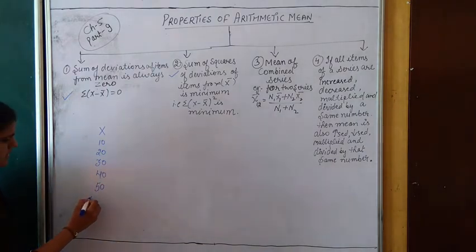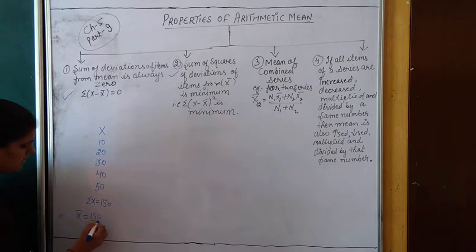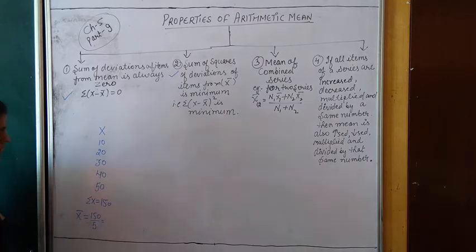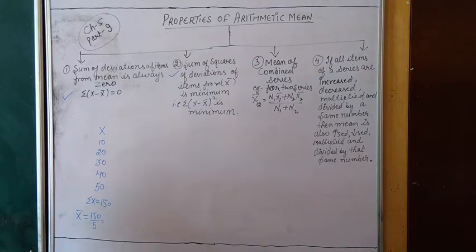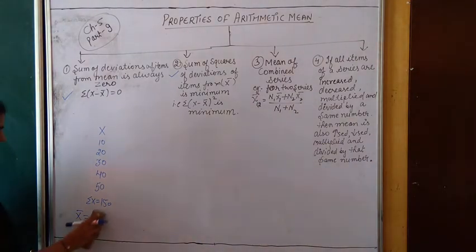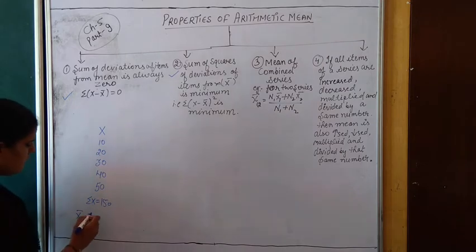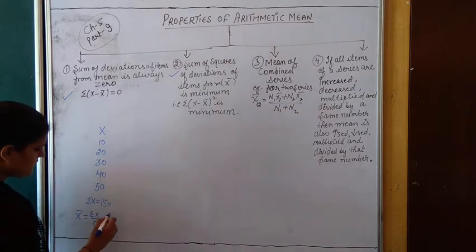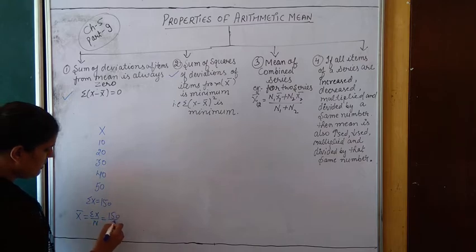If I do the sigma x, I will get 150, and when I find the mean, I will get 150 upon 5. The mean formula is sigma x upon n, and sigma x is 150 upon 5.